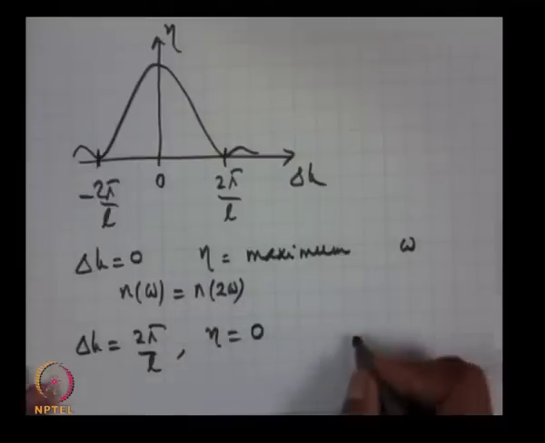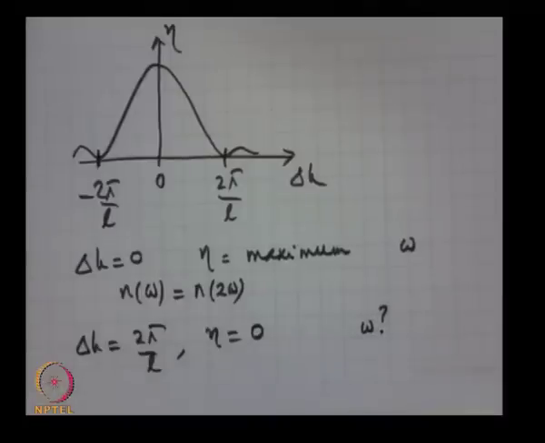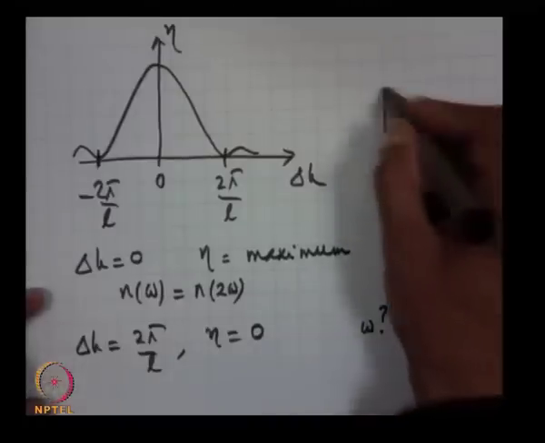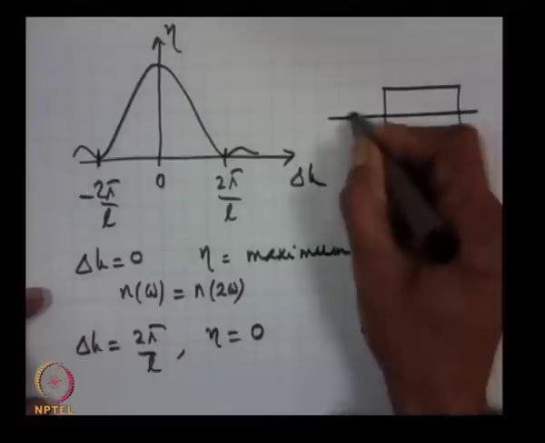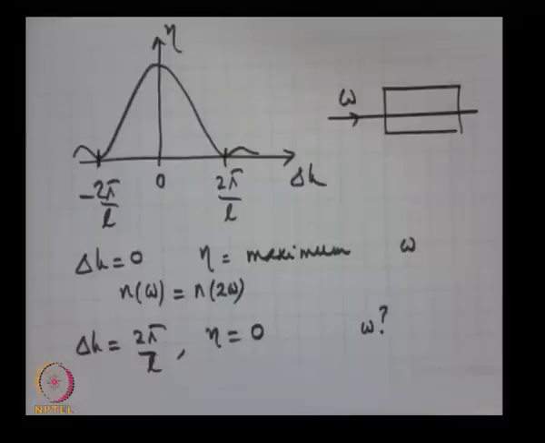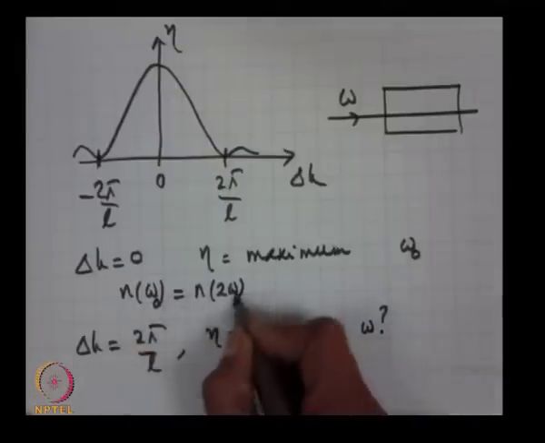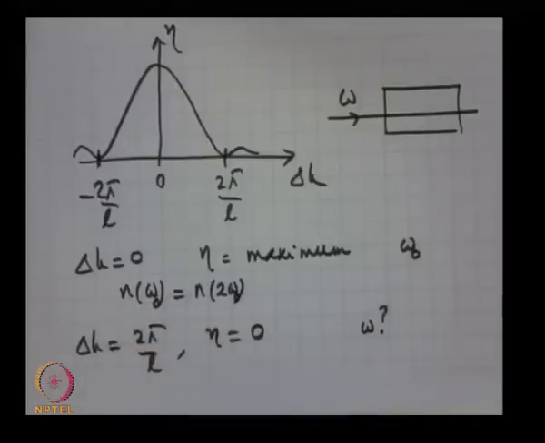So, to what omega does this correspond? That's the question. Which means I have this crystal, I have omega here, tunable laser. So, if I choose an omega, let me call this omega naught, for which n of omega naught is n of 2 omega naught, I have delta k equal to 0 and I have maximum efficiency.